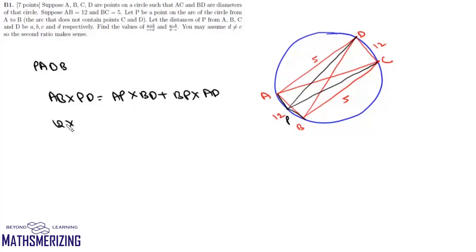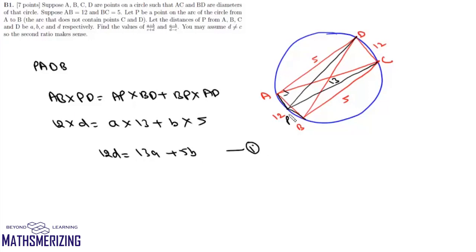AB is 12. PD is D, AP is A, and BD is the diameter of the circle. So this is 12, this is 5, so BD will be simply 13. So it will be A into 13 plus BP, which is small b, into AD, and AD is 5. So we get this first equation, which is 12D equal to 13A plus 5B.